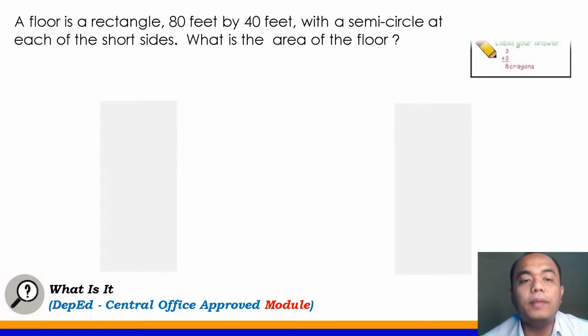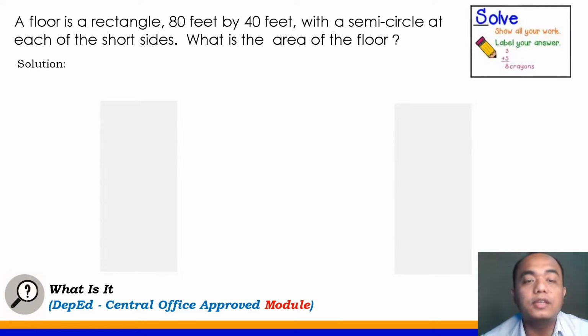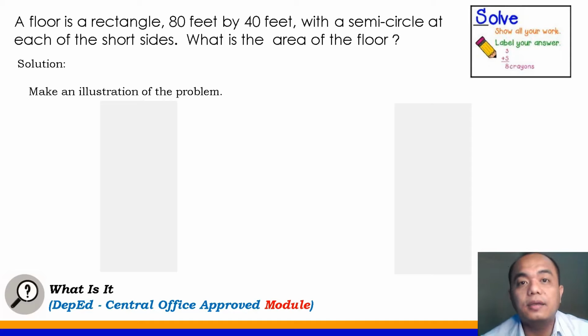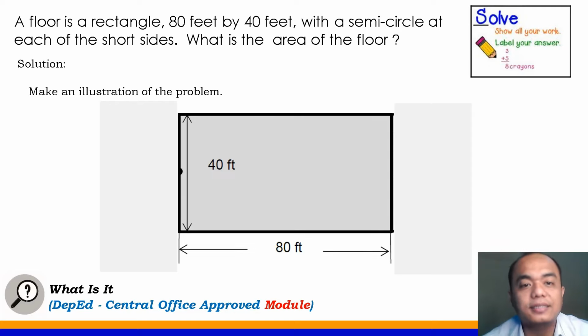Okay, let's solve the problem. Of course, in solving, we have to illustrate first the problem para mas ma-visualize natin at para mas madali sa atin mag-solve kung papakita natin yung illustration based sa ating problem. So we have a floor is a rectangle in shape. Ito yan, class. No?